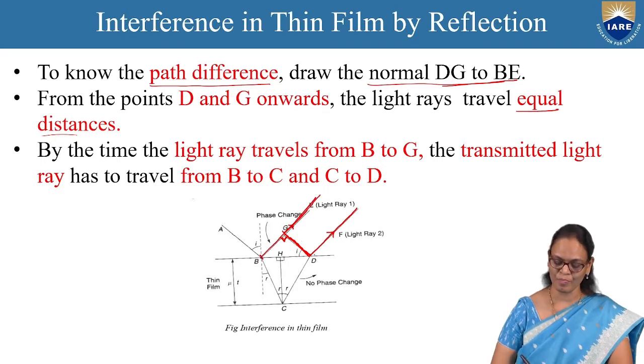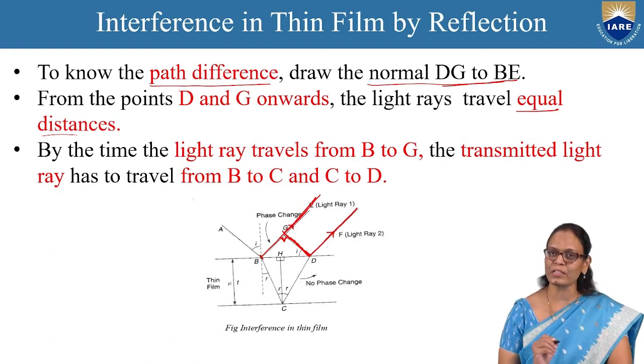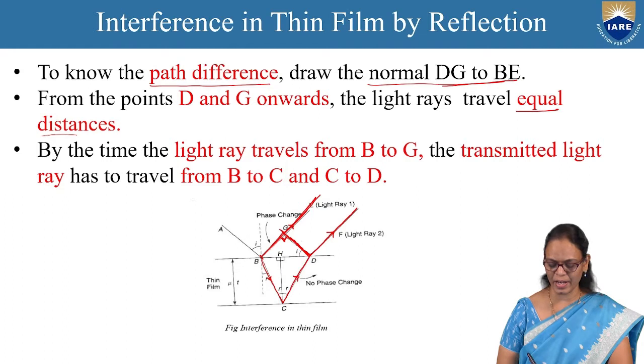From G onwards, from D onwards, they travel the same distance. Now whatever path difference arises is due to BG and BC plus CD. So by the time the first ray travels from B to G, the second ray is traveling BC and CD and arriving at D. So that is the meaning.